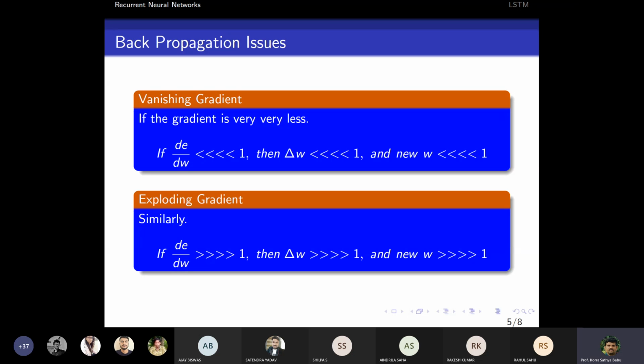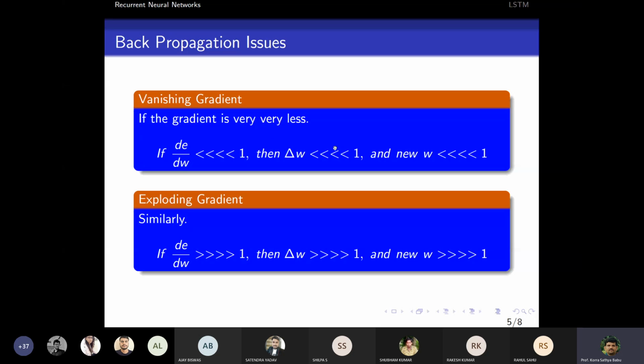In long term dependency, this rate of change dE by dW becomes very small, and the change in weight is very negligible, and the result is almost no learning. Where are you going to learn it? So this is basically the vanishing gradient.